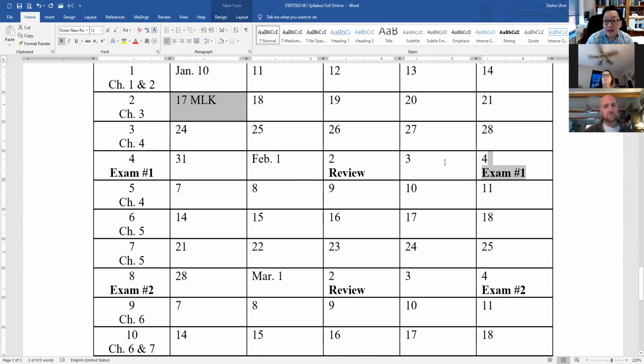You can take the exam on Thursday or even Wednesday, right? You can take the exam earlier, but you cannot take the exam later. Be careful, no makeup exam.